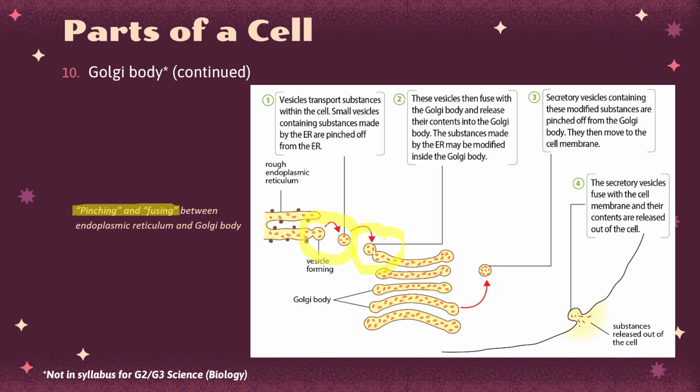When they move to the Golgi body, they will fuse with it and undergo a chemical process. What results from this is the finished product. This finished vesicle will move on to the cell membrane so that it can be secreted out of the cell. We call this process pinching and fusing.